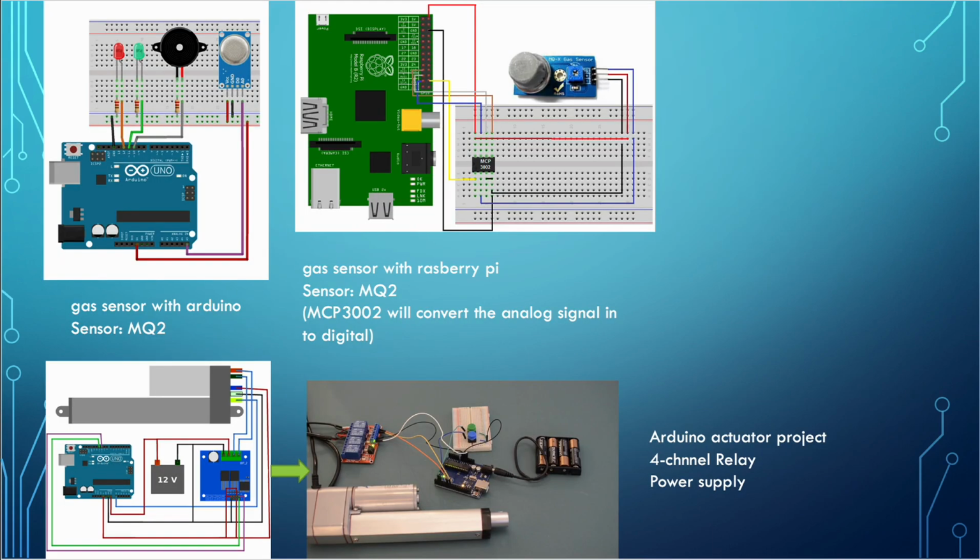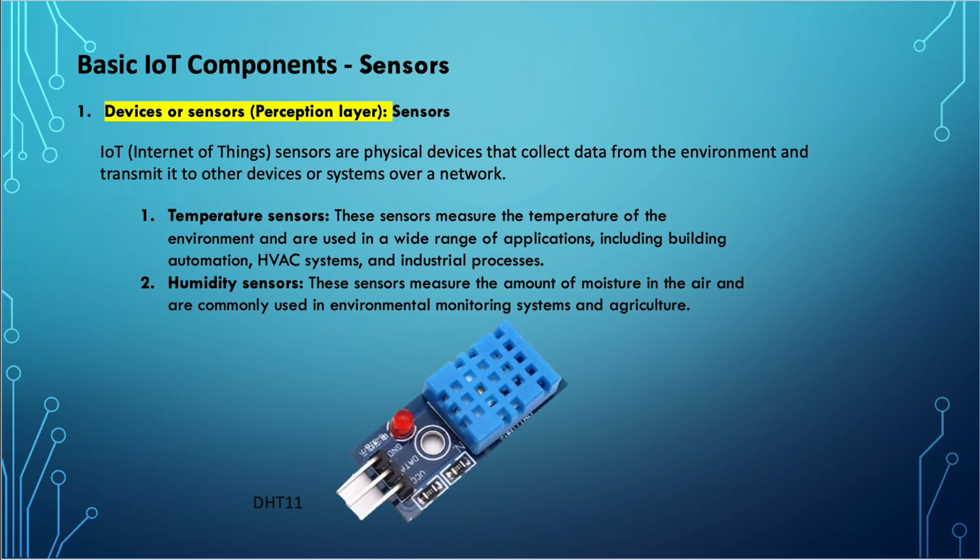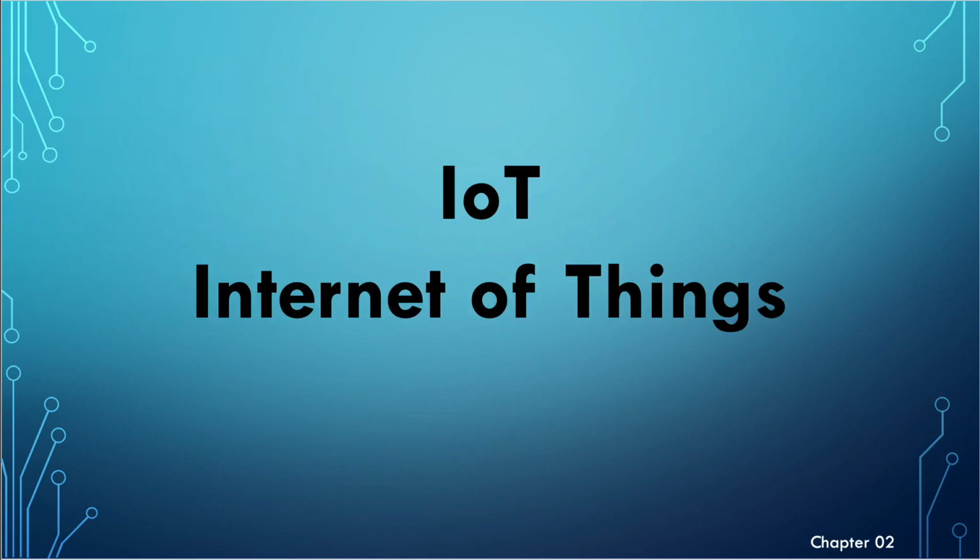Then I think we can cover all the components that are needed to build an embedded IoT device. After covering all the components, we will talk about networking on IoT devices.